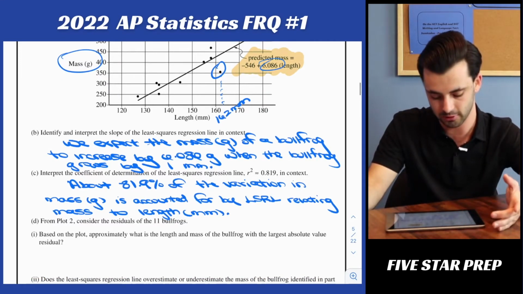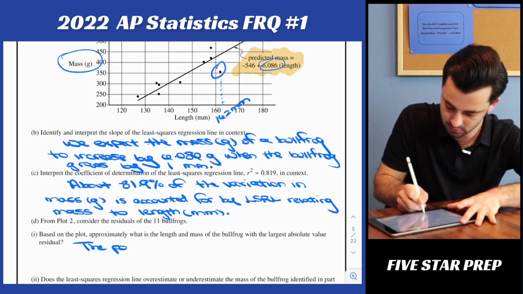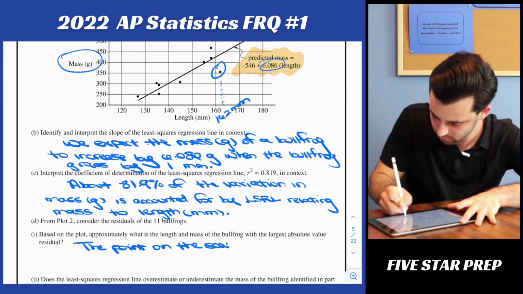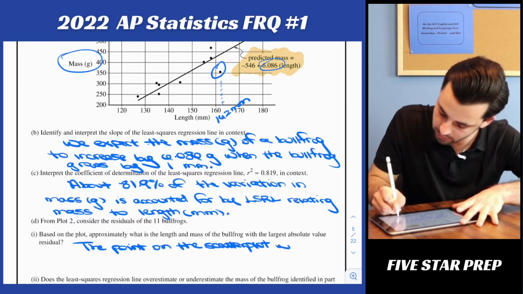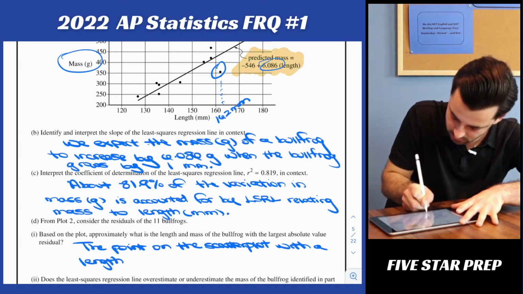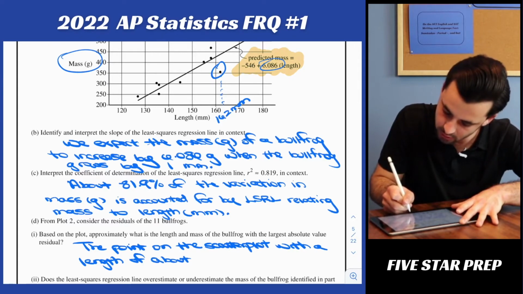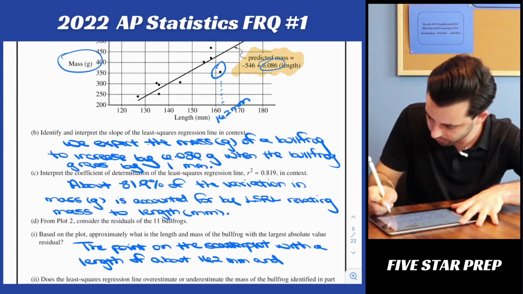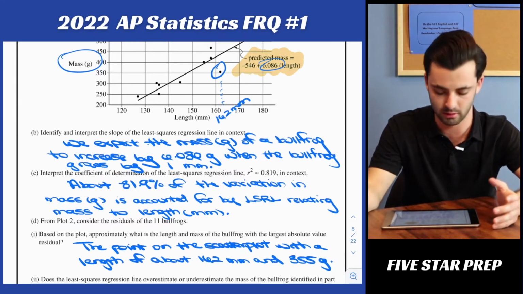So here, I would just identify it as the point on the scatter plot with a length of about 162 millimeters and 355 grams. And that is all they're looking for there.